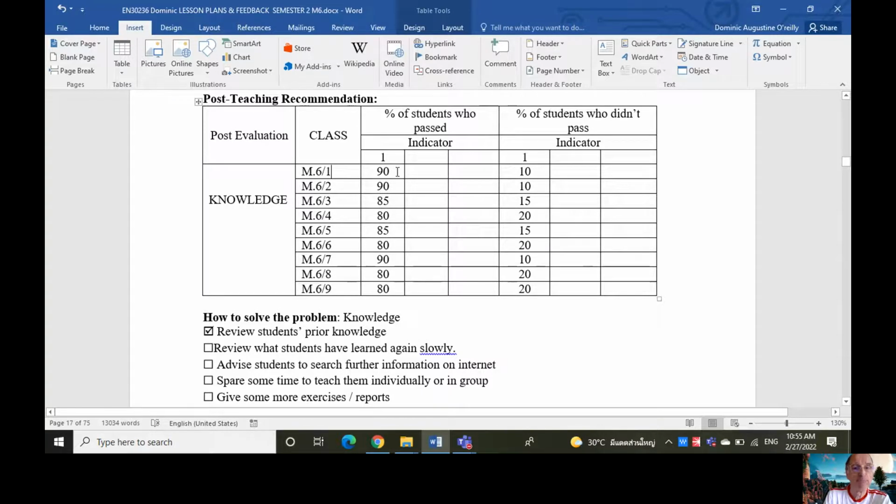So 90% of the students will have the knowledge and 10% will not. And then we go to, let's see, 6-8, 6-9, for example, tend to be, there's a bigger percentage of weaker students. So therefore we will put 80 in here and 20 over here.